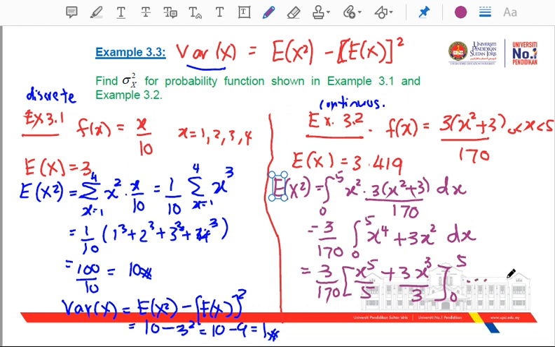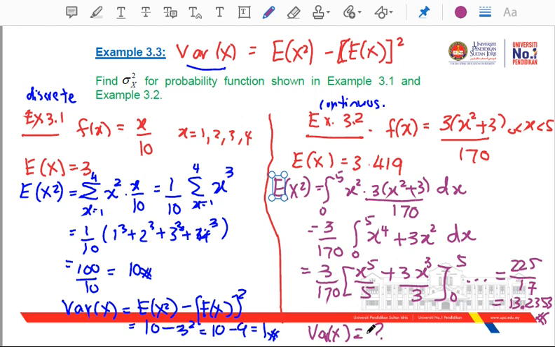You should get 225 over 17, which is also 13.2353. So this is your E(x squared), not yet the variance. So how to find the variance? This one I want you to do: find the variance of x. Try it by yourself, and maybe we can discuss this in our WhatsApp group if you have any questions. Okay, so that's how you do it.